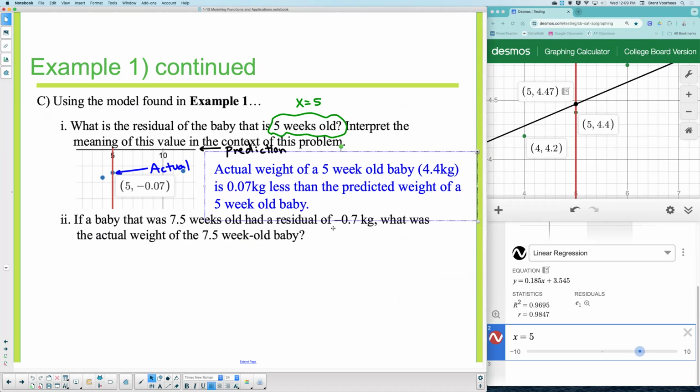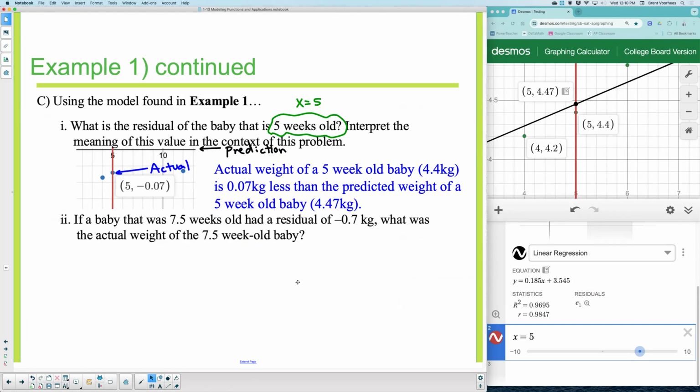What's off here? Am I just doing bad math? 4.47 kilograms. Oh, 0.07. There we go. I didn't realize it was 0.07. I was adding 0.7. Okay. So notice, you see how they're 0.07 apart? This is 4.4. This is 4.47. Y'all realize that? Yeah. So that's what the residual is telling you.